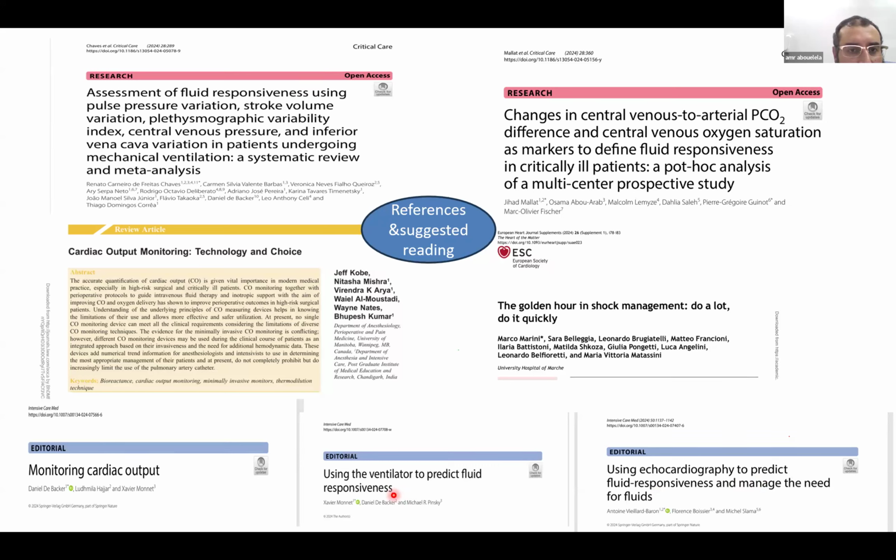Very interesting, very updated data. I tried to take some of the points from these papers during my presentation, but to read them in detail will of course be very helpful. This is for suggested reading.